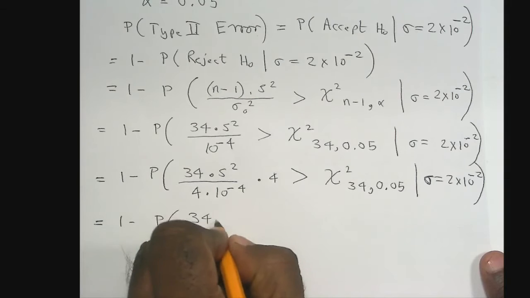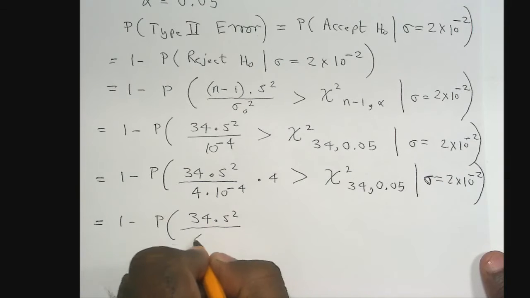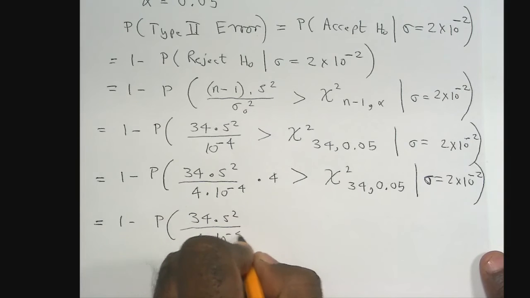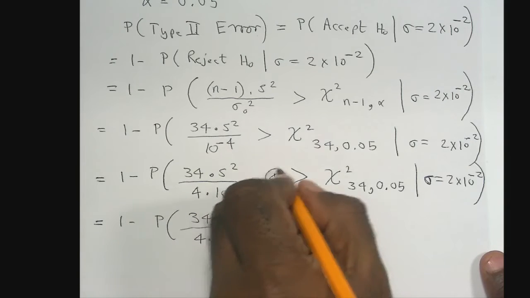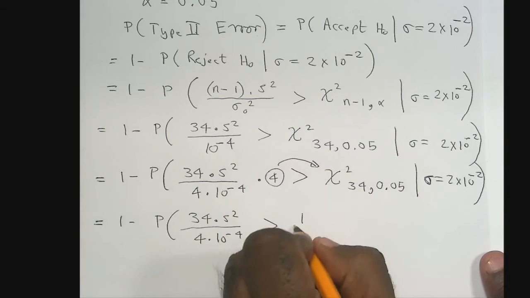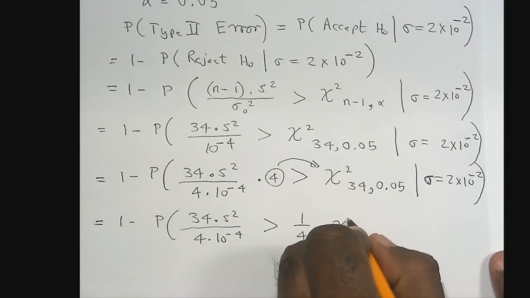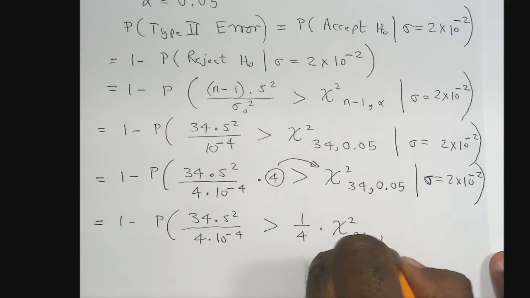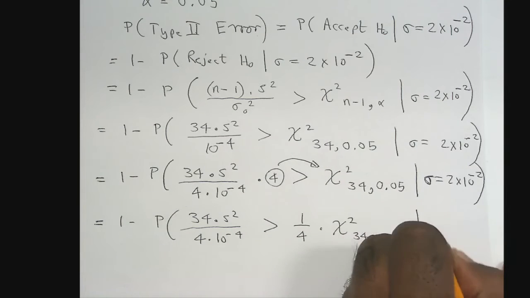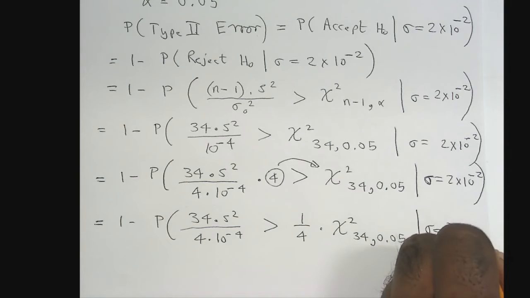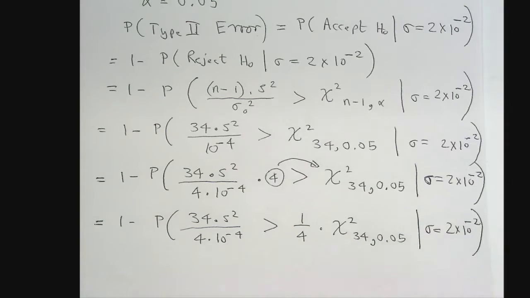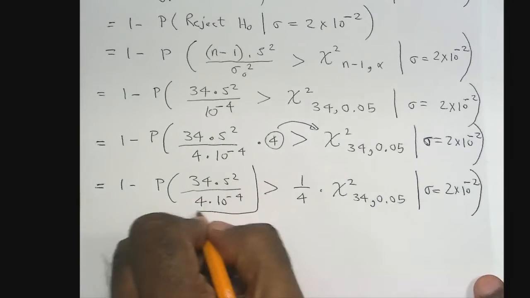I'm going to finish in a minute, guys, don't worry. I'm going to take the 4 to the right hand side, so it's going to be 1 over 4 times... okay. Now you should look at the lecture notes, guys.